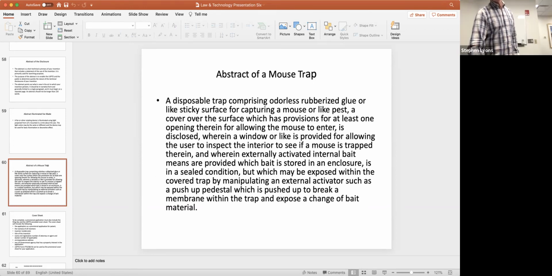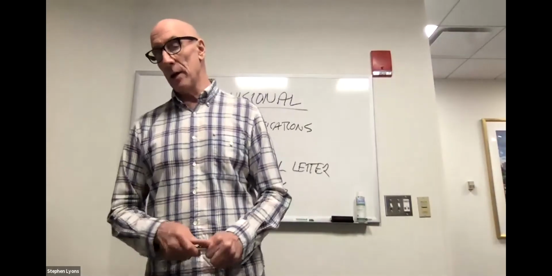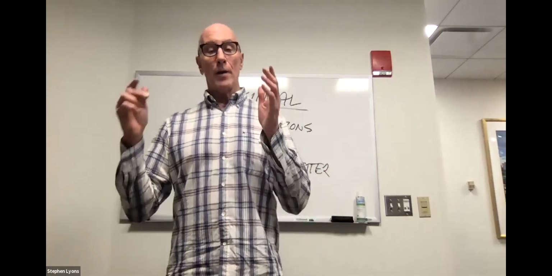And again, these are adaptable. If you come up with an invention that you want to do a provisional patent application on, my suggestion is you go to Google search, Google Patents, and you look up the patents in the art that you happen to want to occupy.